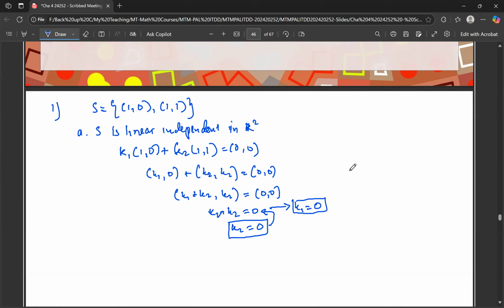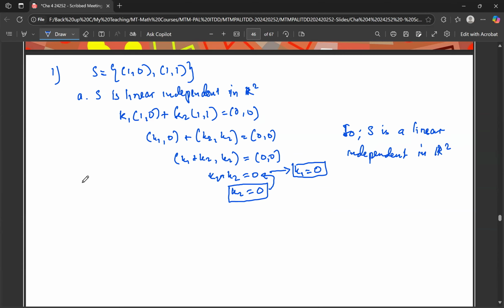Then we conclude that S is linearly independent in R2. So we have proved our first claim.